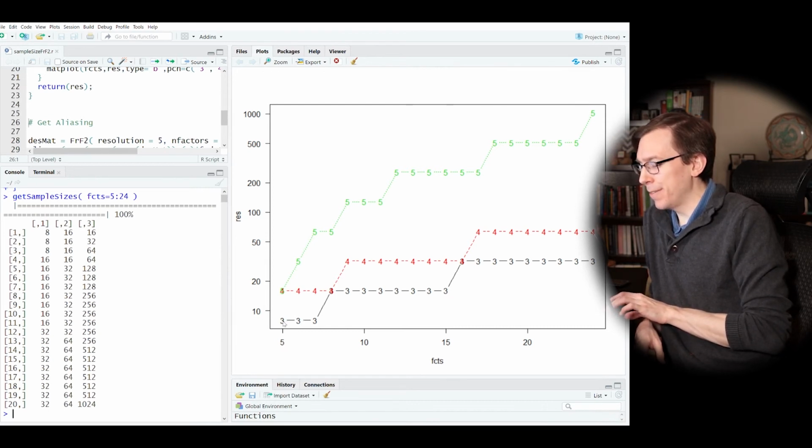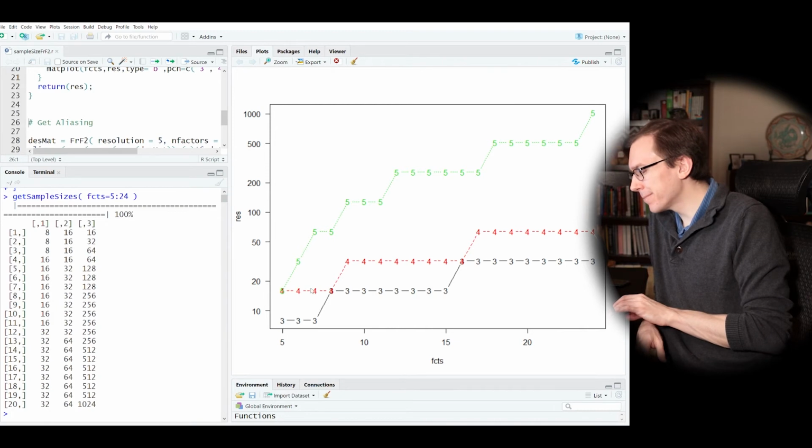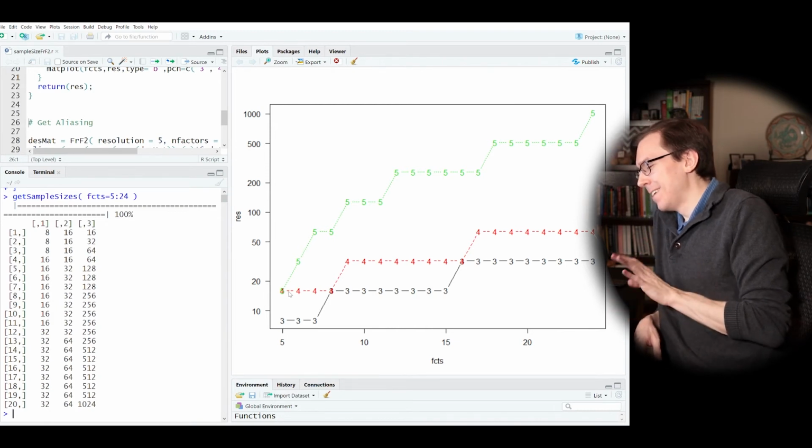So if I have 5 factors and I want a resolution 3 design, that means I need 8 observations. But if I want a resolution 4 or 5, I'm going to need 16 observations. It's all powers of 2, but R is doing this in 10 and 20 for the axis.